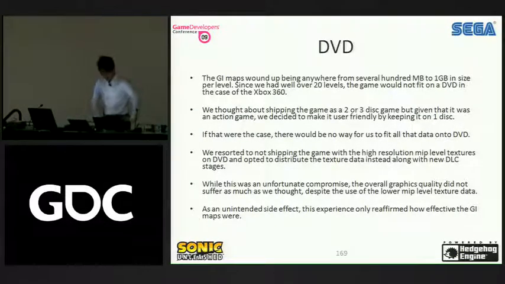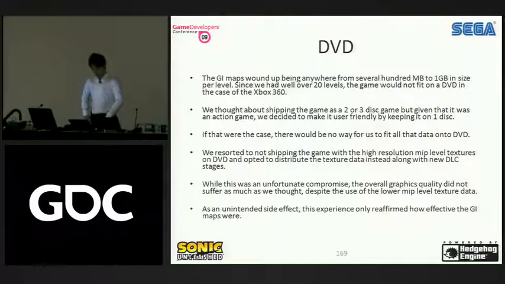I'd like to talk about the DVD. So stage a number. We have several stage numbers. In 360, we don't have enough memory. Since this is an action game, and because of the game design, we can only use one DVD, but we couldn't have put everything on the DVD.